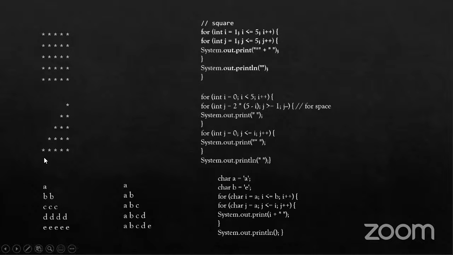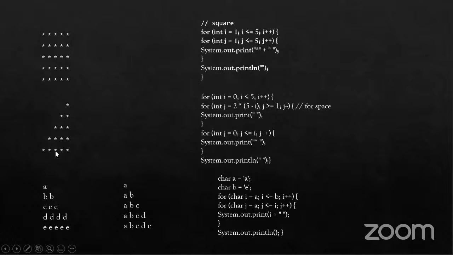We can say that it is a lower right angle triangle, or a lower matrix, if we look at a square. So here we need to give a space, right? We need to have the first star after 4 spaces. So that's what we need to implement first.